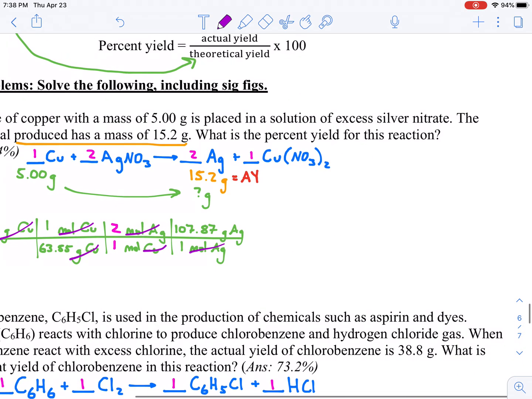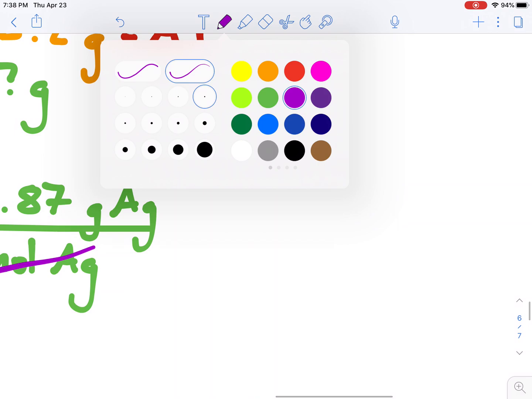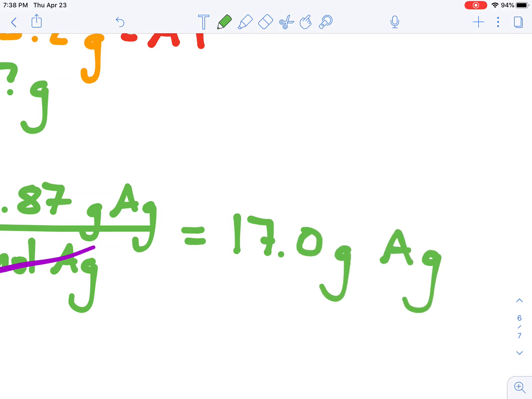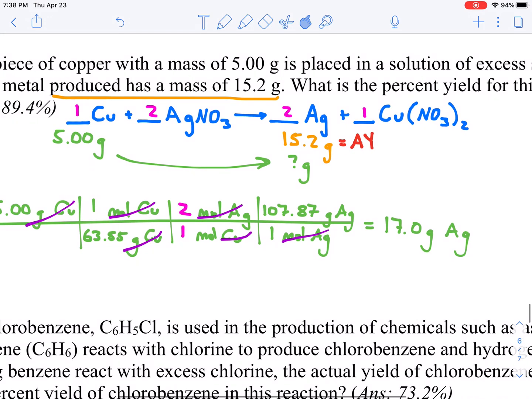We're left with grams of silver, and if you do this math, you will end up with 17.0 grams of silver. So what is that saying? That's saying if everything went perfectly and all 5 grams of copper reacted completely, the maximum amount of silver we could make is 17.0 grams.